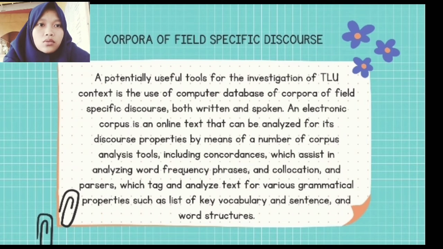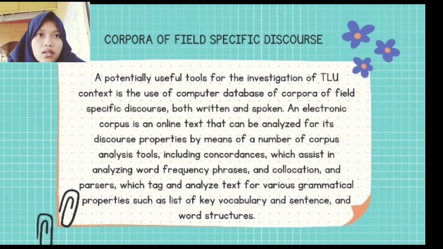For the fourth, it is corpora of field-specific discourse. A potentially useful tool for the investigation of TLU context is the use of computer databases of corpora of field-specific discourse, both written and spoken.